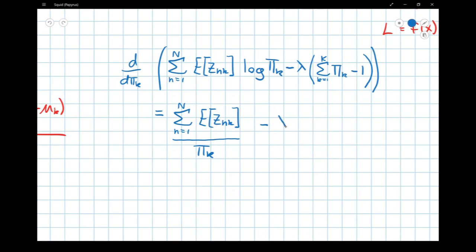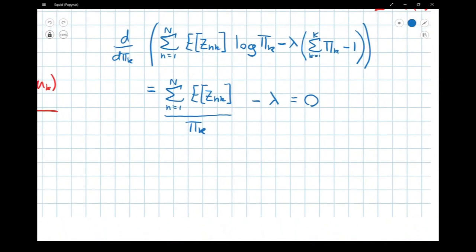So we just end up with a lambda there, which is the Lagrange multiplier, which is a constant, and we need to find it. Now we're going to set this equal to 0 because this is the thing we're trying to find the zero derivative of.